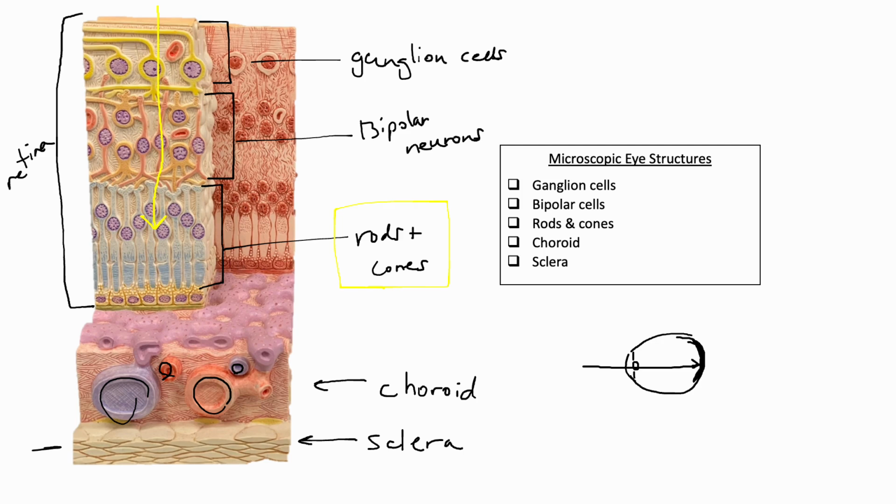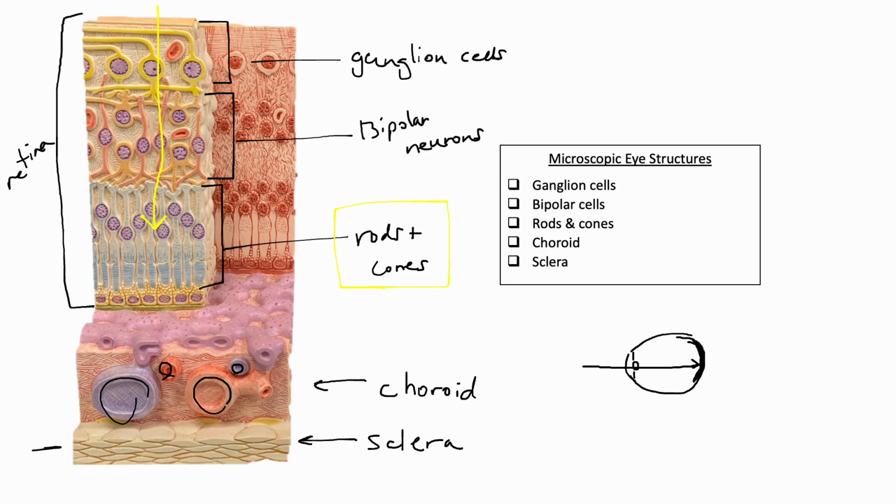But then the rods and cones, once they are activated, once the light comes in, convert that light energy into electrical energy. If the threshold is met, then that message will be sent to the bipolar neurons. Those bipolar neurons then are going to send an action potential, or electrical potential, to the ganglion cells.